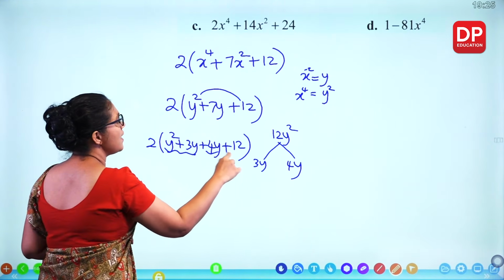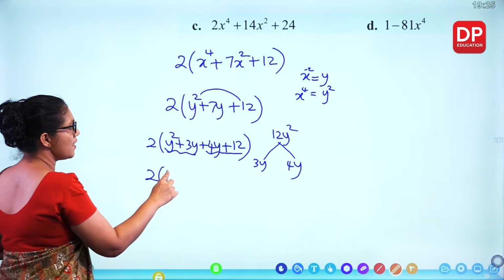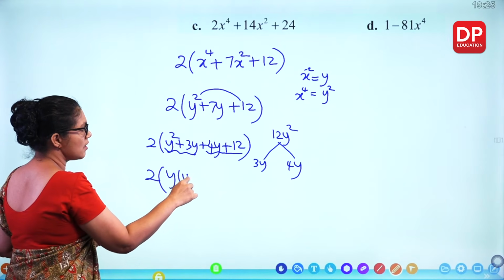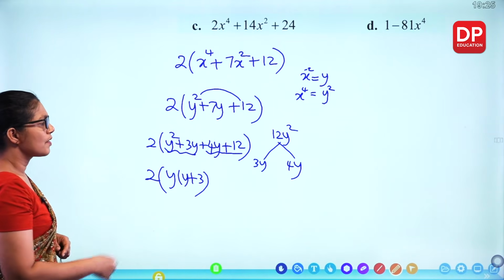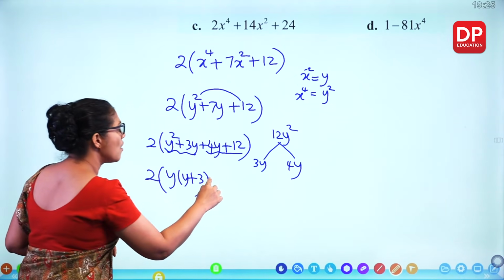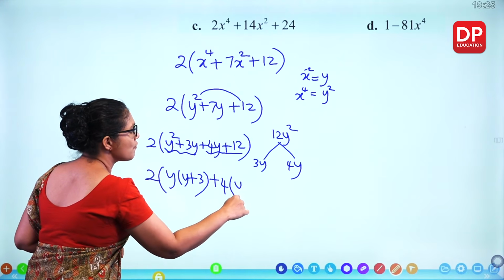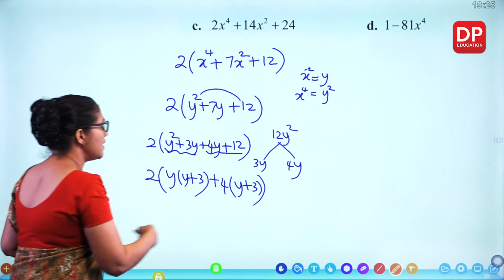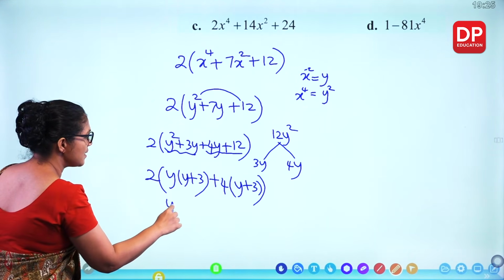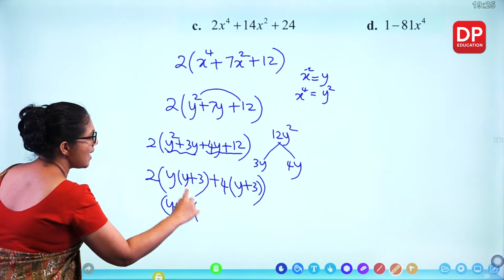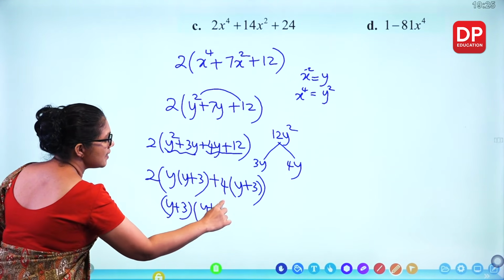Take the first 2 and last 2 separately. So we can take y out, y plus 3. What's common here? You can take 4 out. So when you take 4, you get y plus 3. Then y plus 3 is common. Take it out and y plus 4 is the other factor.